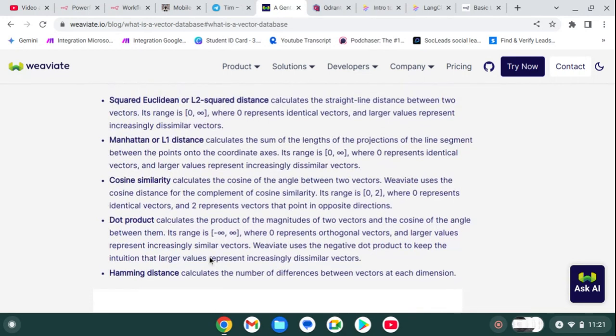Euclidean distance calculates the straight line distance between two vectors.